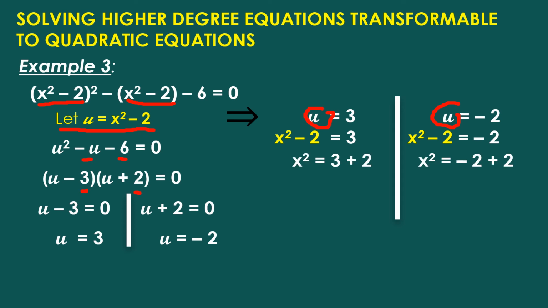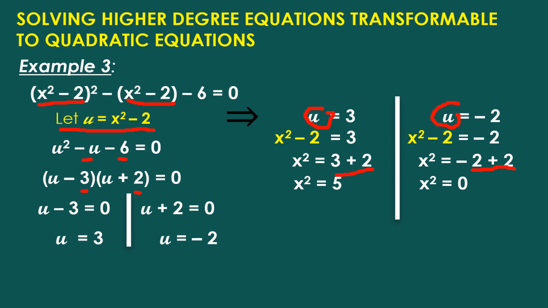We'll have x squared equals 3 plus 2 and x squared equals negative 2 plus 2. 3 plus 2 is equal to 5 and negative 2 plus 2 is 0. That means I have x squared equals 5 and x squared equals 0, which is a quadratic equation.